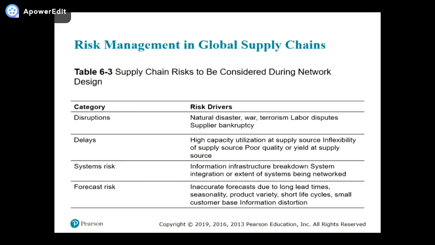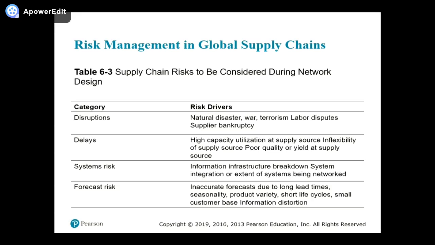So, what are the types of risks to be considered? So we have risks of supply disruptions, and we have risks of delays. Systems risks, so basically, for example, your whole IT system could be hacked, could malfunction.